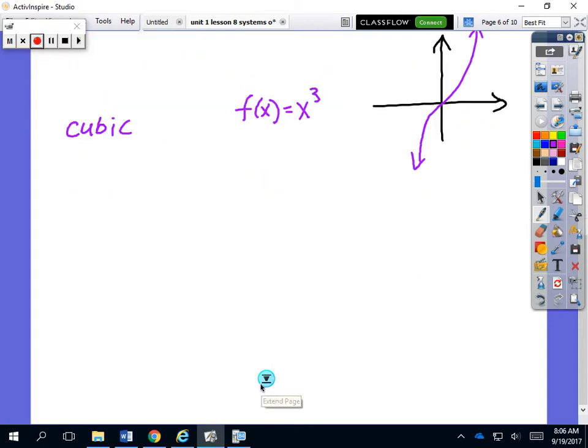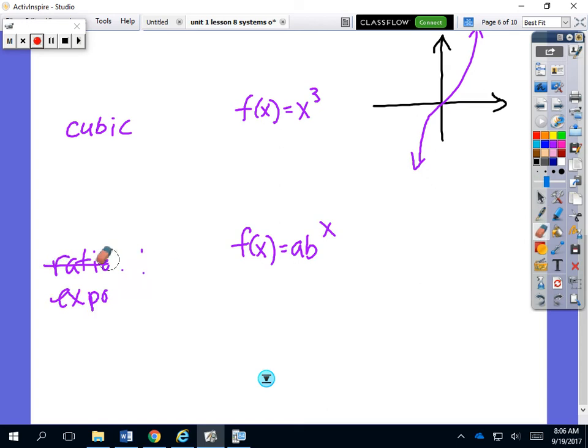And the last one that we want to remind you of is the rational function, and that's f of x equals a b to the power of x. Not rational. I don't know why I called it rational. Exponential.